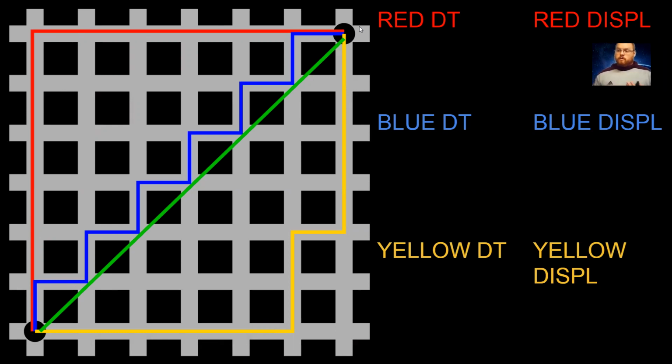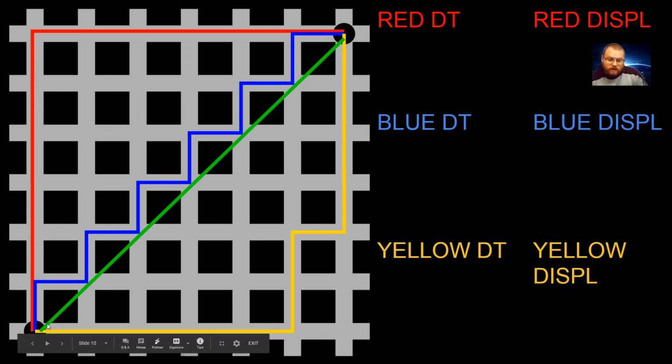So we've moved a total distance of 12 units, whereas yellow would have moved 12 as well.